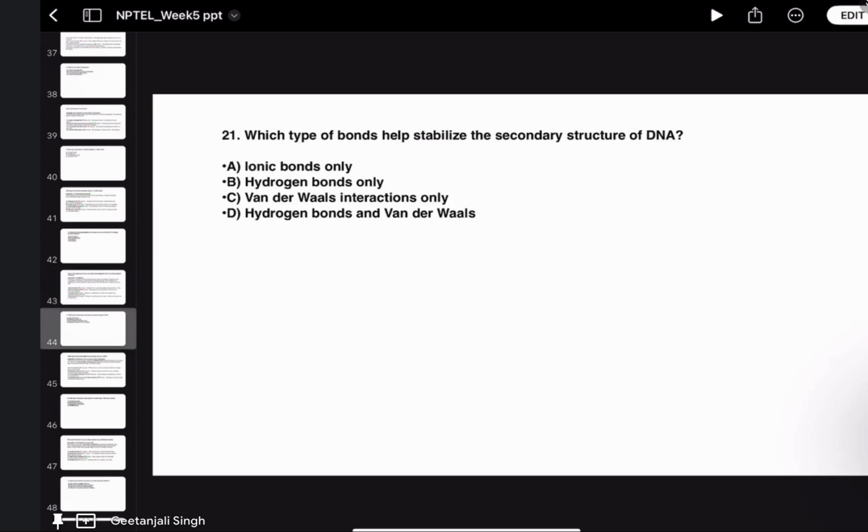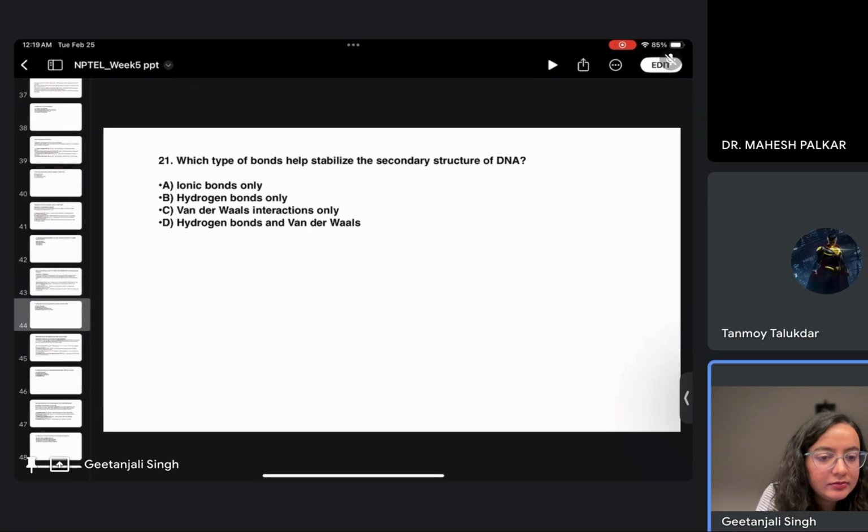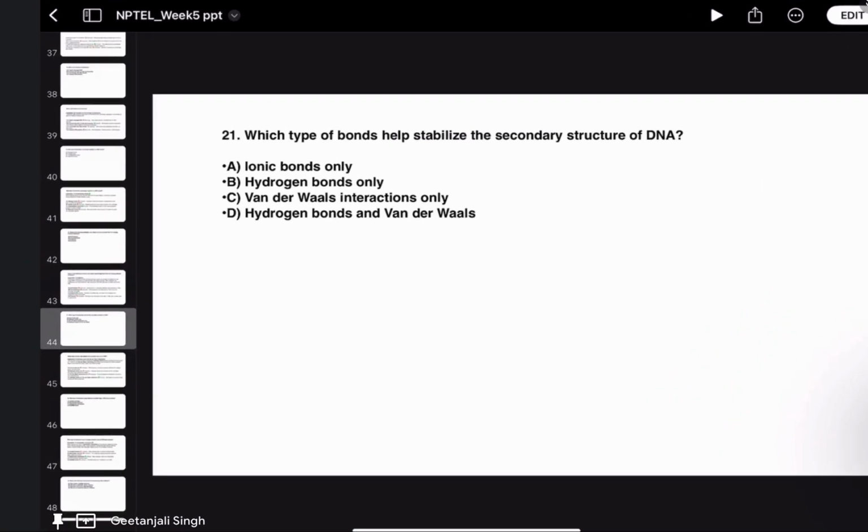Which type of bonds help stabilize the secondary structure of DNA? Now, mind you, not primary structure, secondary structure of DNA. So the options are A, ionic bond only, B, hydrogen bonds only, C, van der Waals interactions only, and the fourth is D, hydrogen bonds and van der Waals interactions.